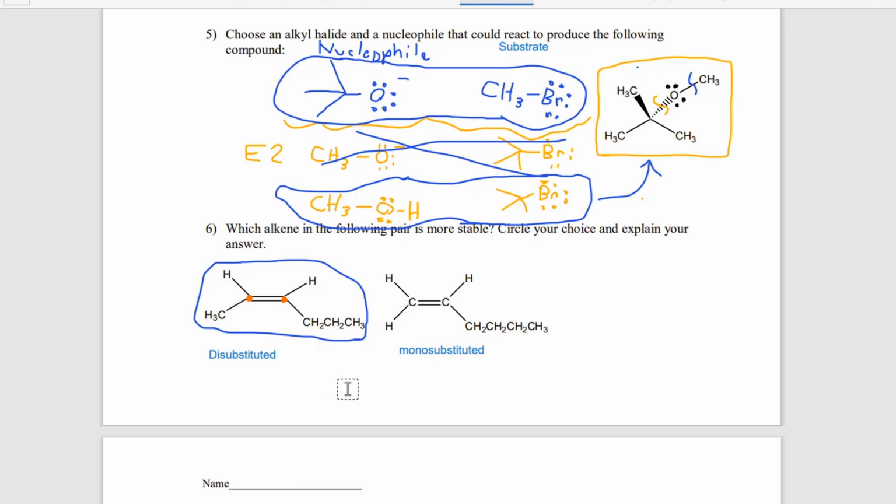Well, that comes down to this interesting fact that when atoms are double bonded, that actually increases their effective electronegativity. Because they're sharing those two pairs of electrons, they start trying to pull electrons more closely to themselves. You can think of this like being part of a big family.